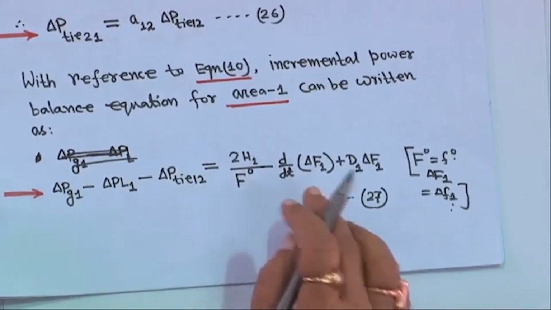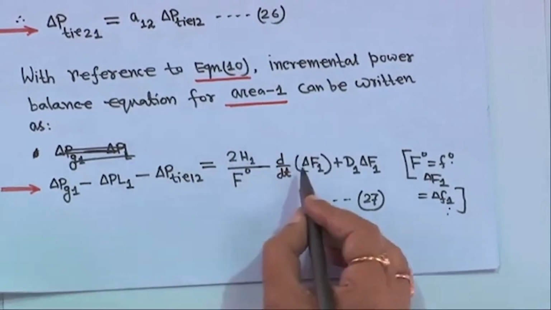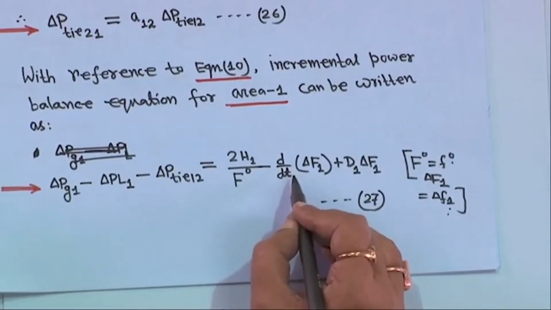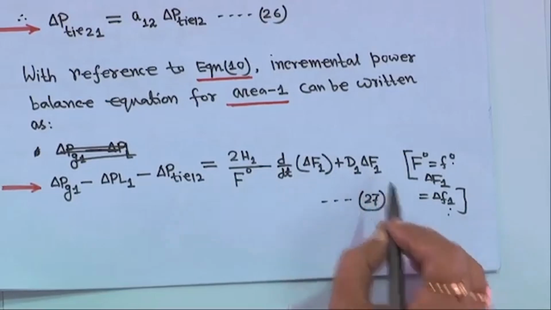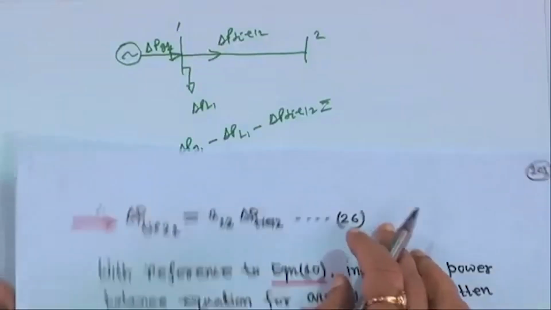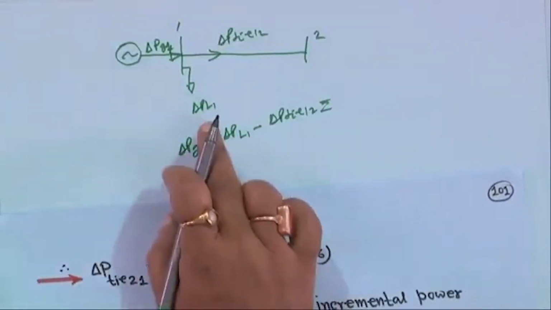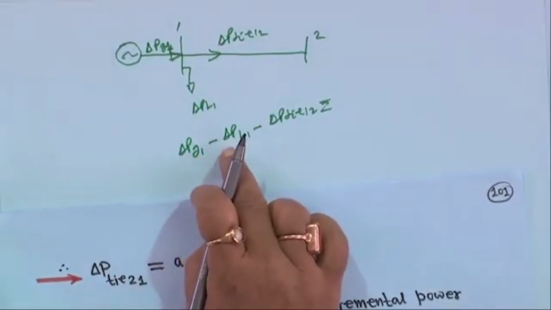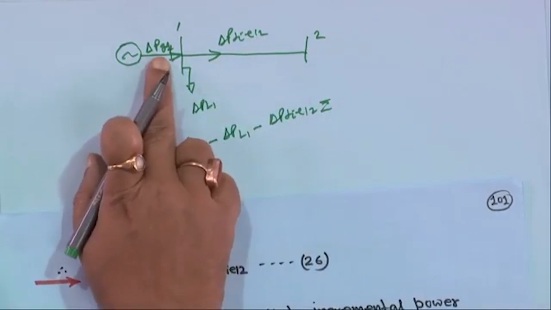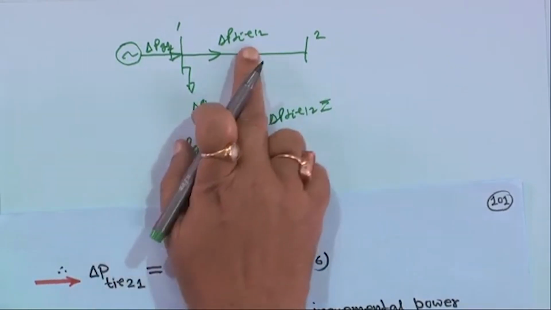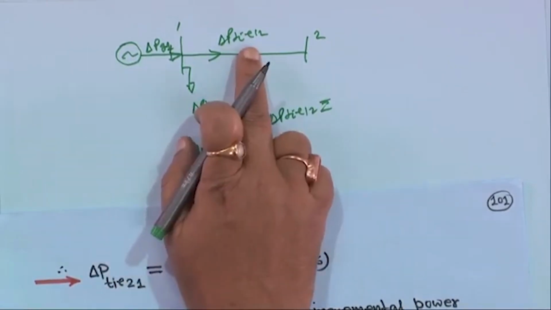We will see later what will happen at steady state. This term will vanish, because at steady state the derivative is 0, only this term will exist, that we will see later. At steady state, delta Pg1 is equal to delta PL1 plus delta Pti12, right.